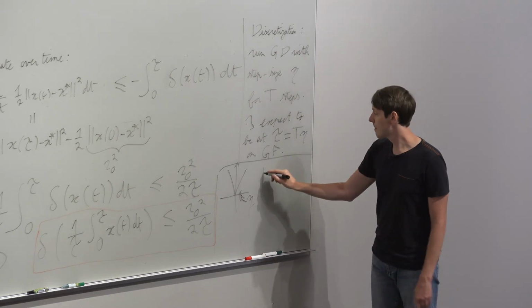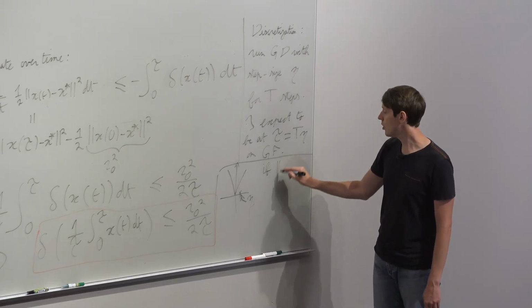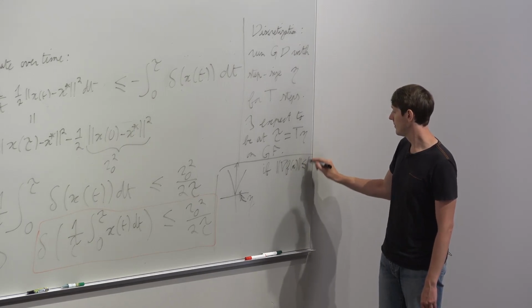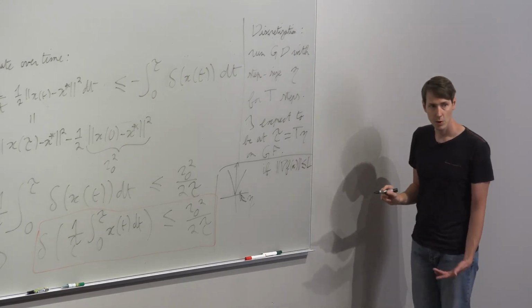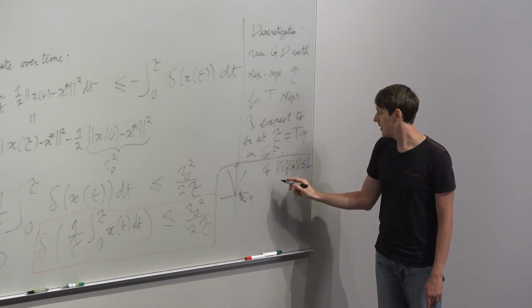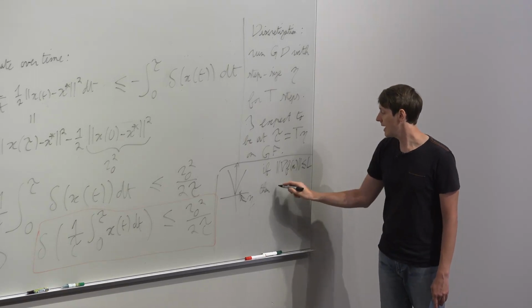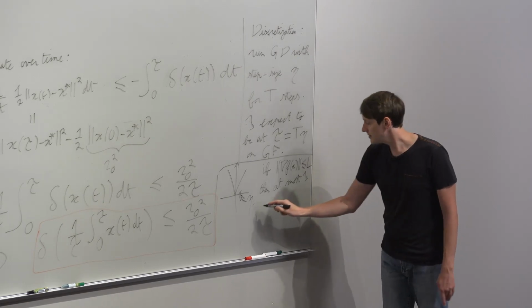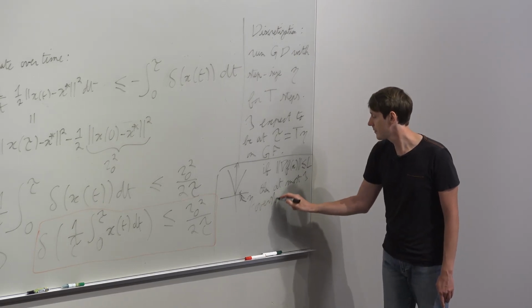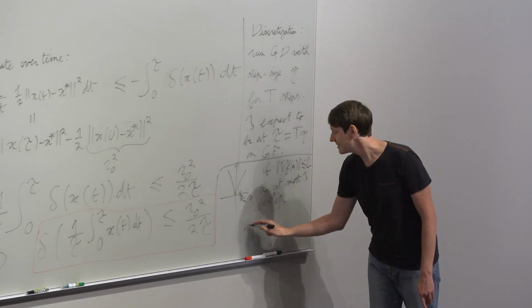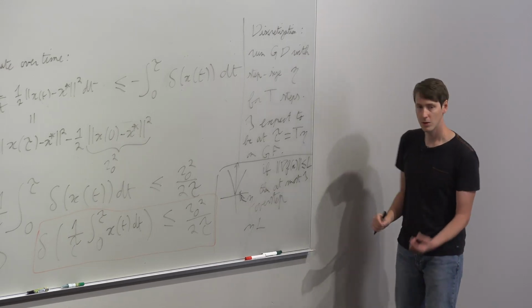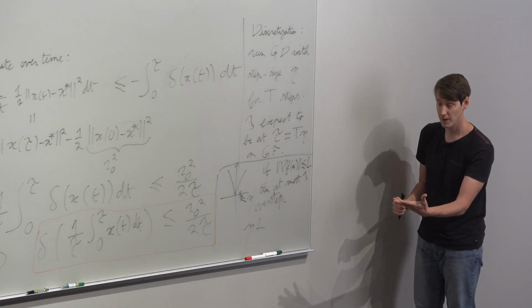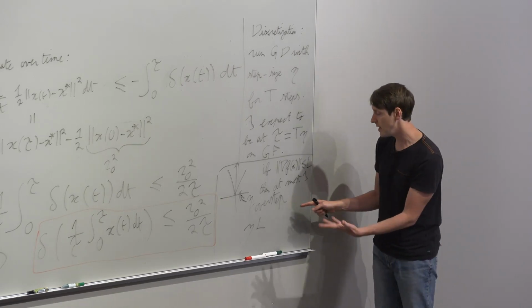So if the norm of the gradient is bounded by L at any x, what do I get? Then, at most, I overstep eta L. That's the distance that I overstep, eta times L. And what is the error?